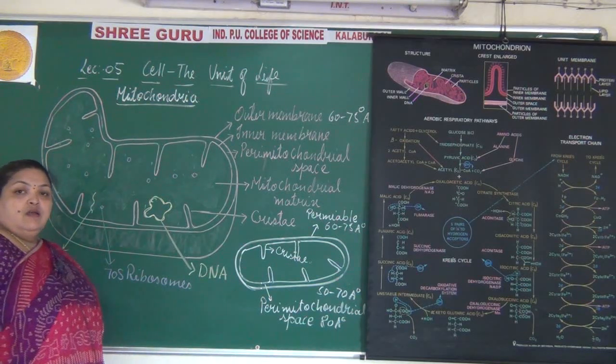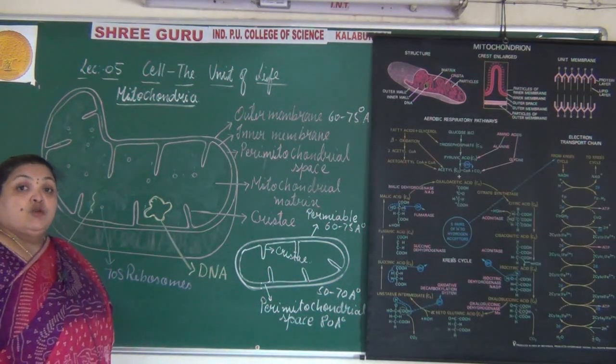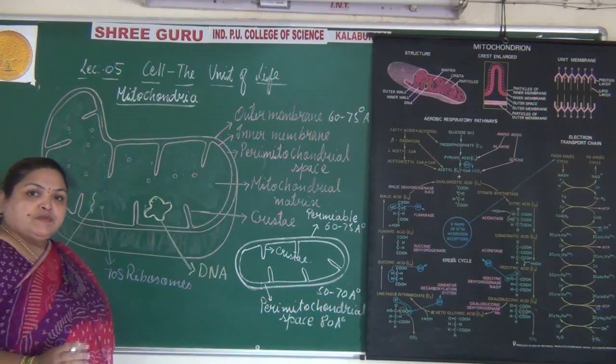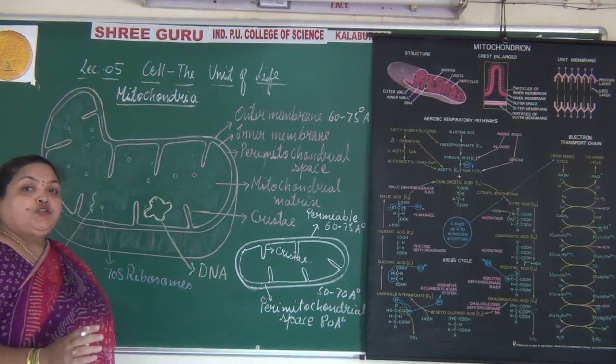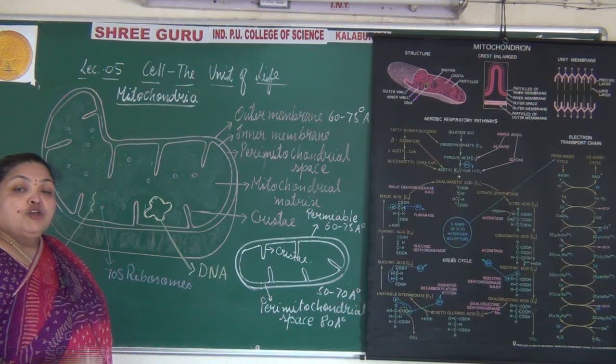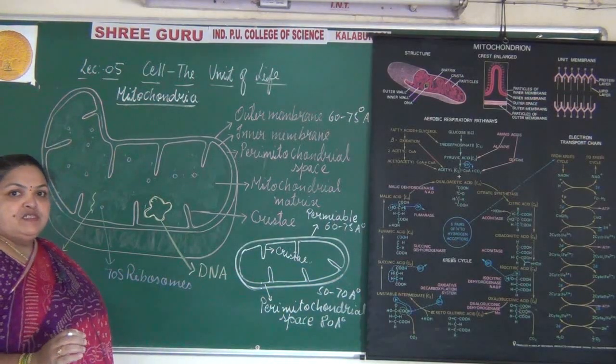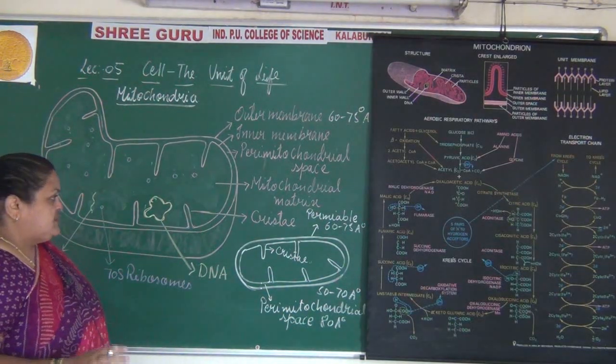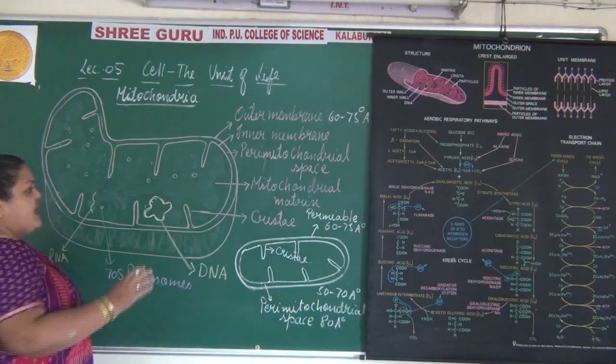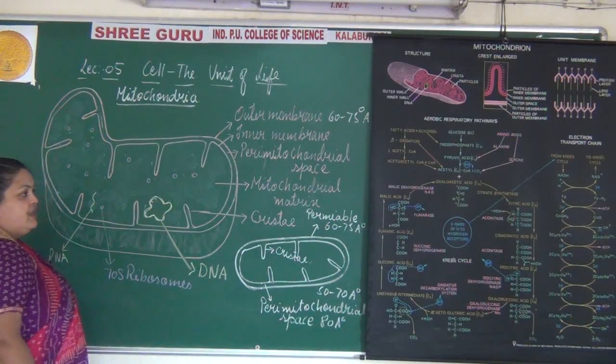Mitochondria is known as the powerhouse of the cell, so it should have substances that help it to produce energy. All those molecular substances are present in the mitochondrial matrix.